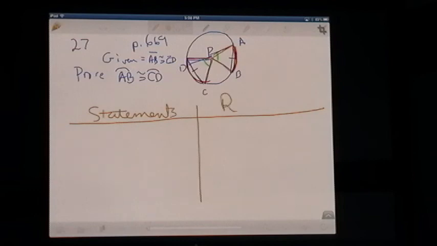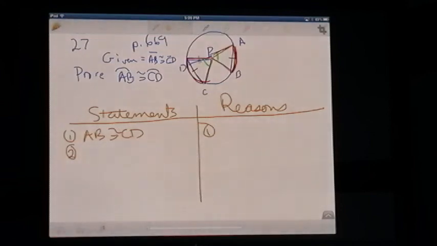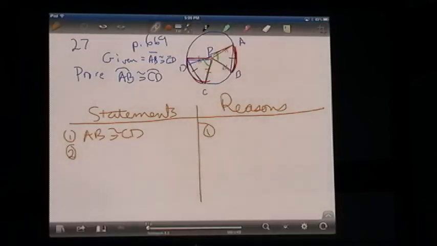Okay, so to prove this thing, we've got our statements and our reasons. And the first one is going to be, of course, that AB is congruent to CD, and you should know why that is. Okay, now we want to prove these two triangles are congruent. We know that all of these are congruent because they're radii.